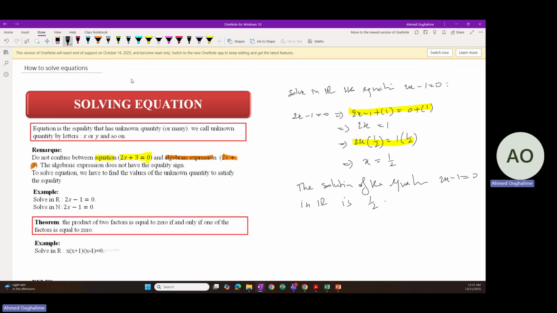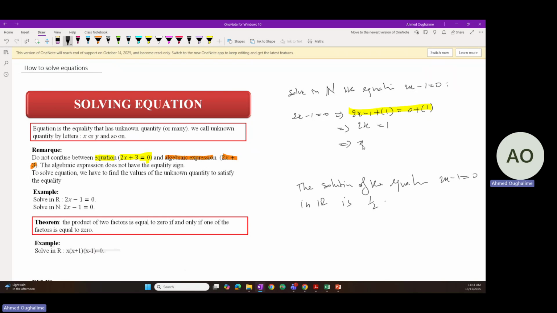So now if I try to solve the same problem, but not in R, but in the set of natural numbers, I'm going to start the same way, but I would not have these two steps, because there is no natural number.